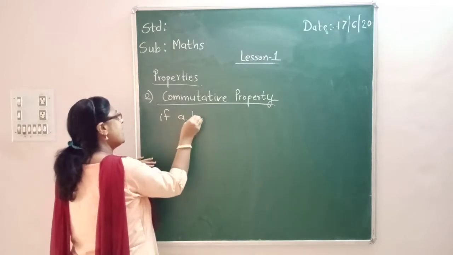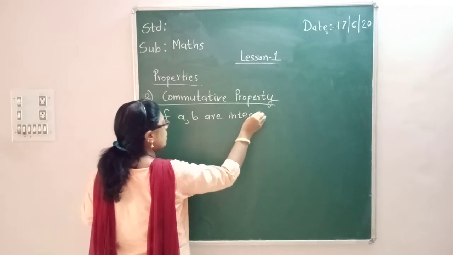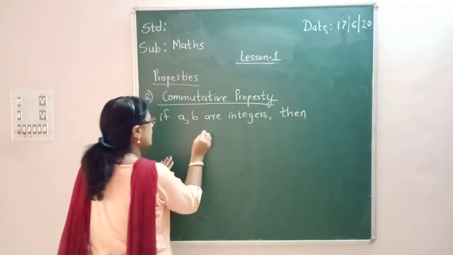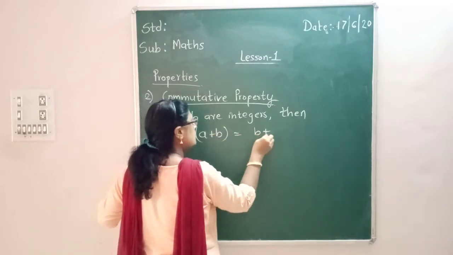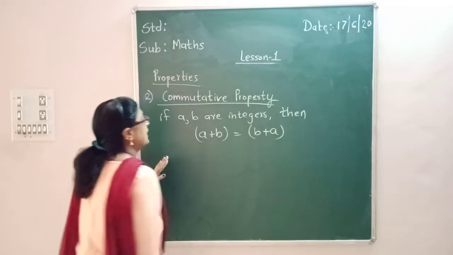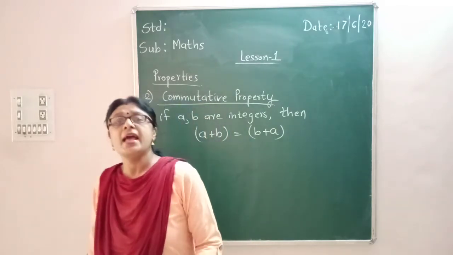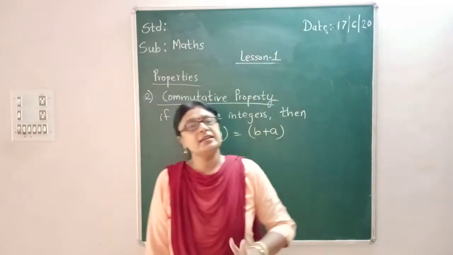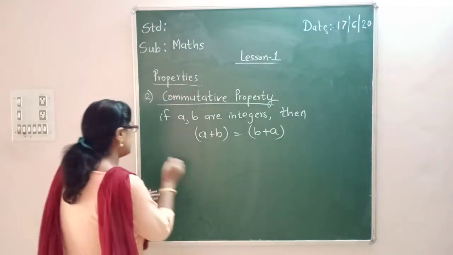That if A and B are integers, then A plus B is equal to B plus A. That is, if two integers are given and if you add A plus B, then it is the same as B plus A. Let us see the examples.